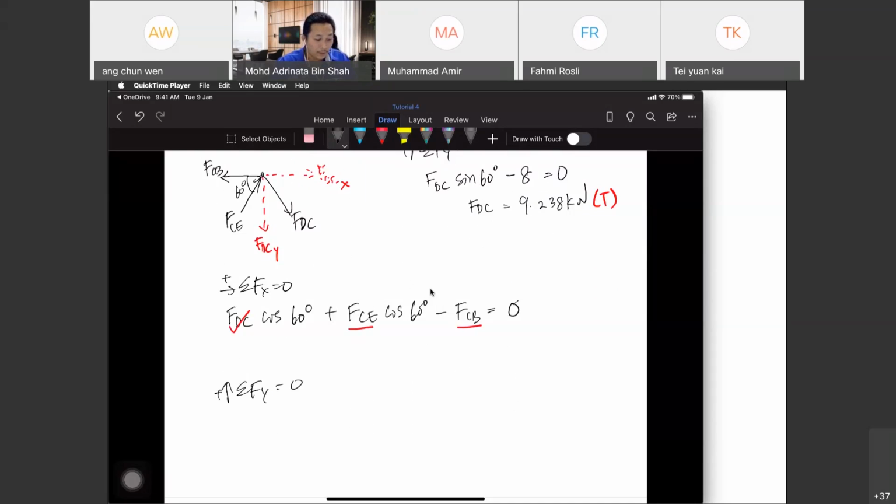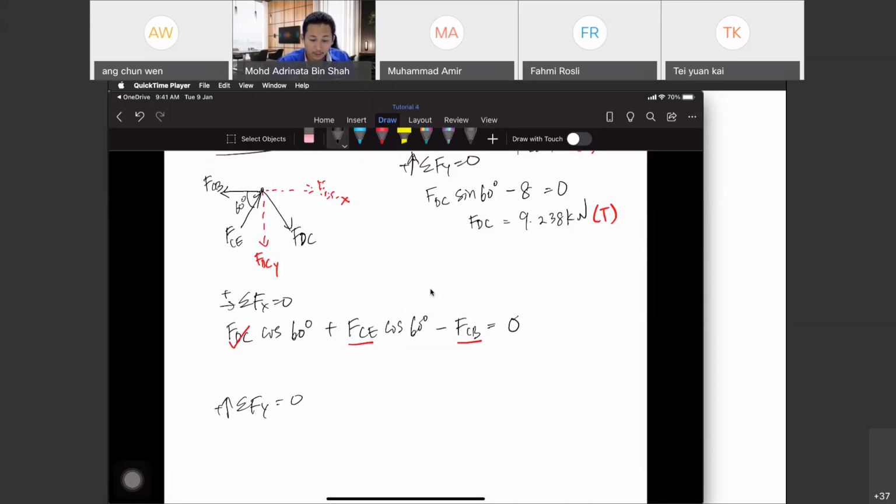Okay, we solve our Fy equals to 0. FCE sine 60 minus FDC sine 60 equals to 0.